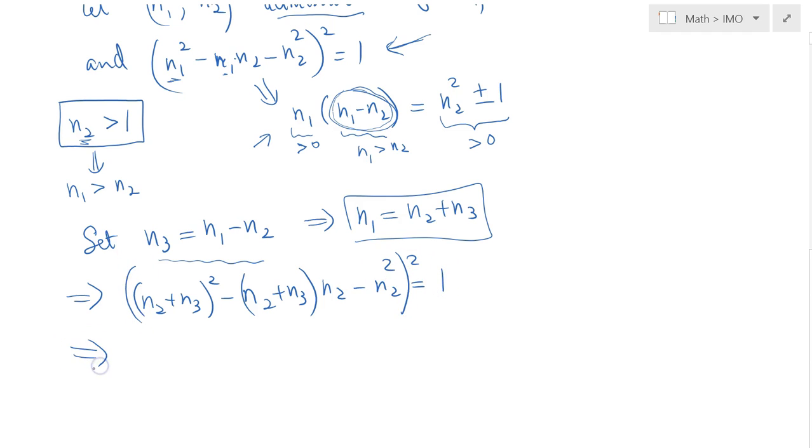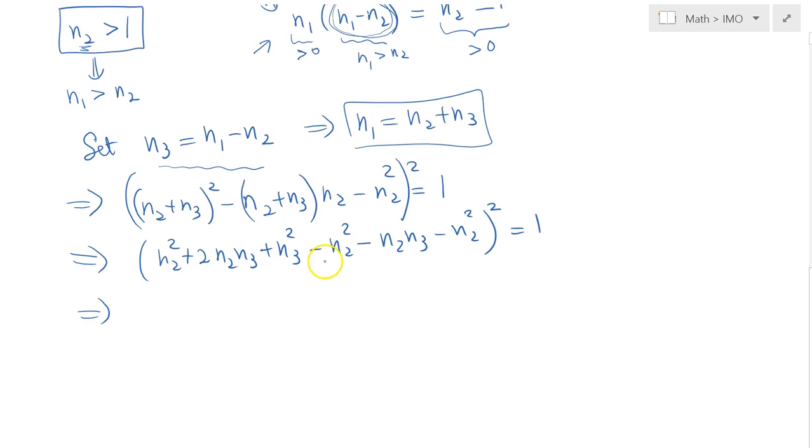As a result, this would imply, now the rest is just bashing out the algebra. So let me do it. Plus n2 n3 plus n sub 3 squared minus, we would get n sub 2 squared minus n sub 2 n sub 3 minus n sub 2 squared is equal to 1.